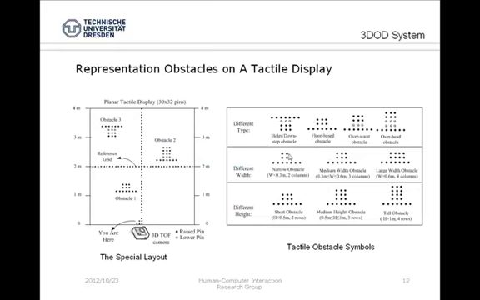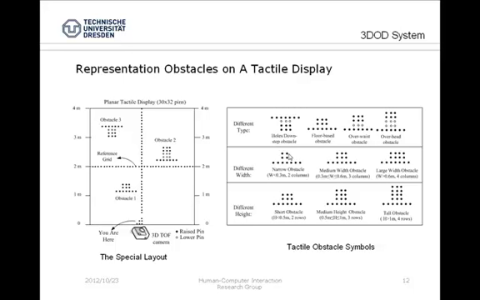So here comes the representation of the course on the tactile display. On the left side, there is the special layout. The display can render the area within 4 meters, and there is a center reference cross in the middle. The middle line can indicate whether the obstacle is within 2 meters or beyond 2 meters.